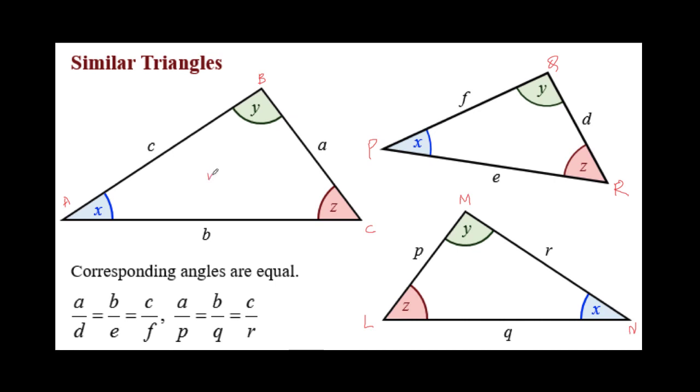Considering triangle ABC and the other triangle, the side with angles X and Y is C and the side with angles X and Y is F, so C over F. The side with angles Y and Z is A and the corresponding side is D, so A over D. The side with angles X and Z is B and the corresponding side is E, so B over E. So A by D equals B by E equals C by F. This is one relation when these two triangles are similar.